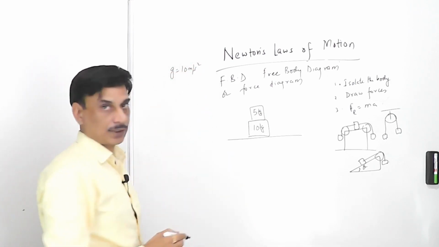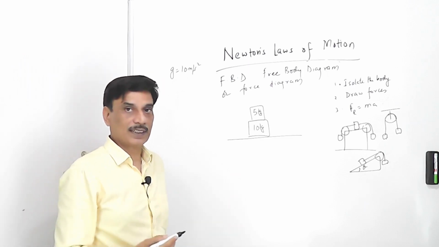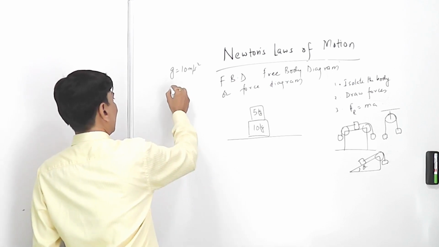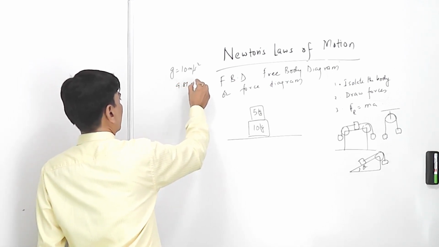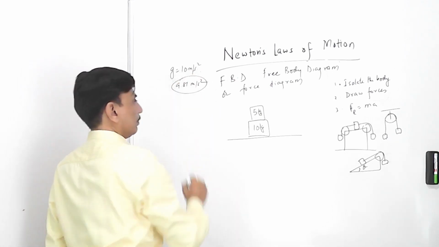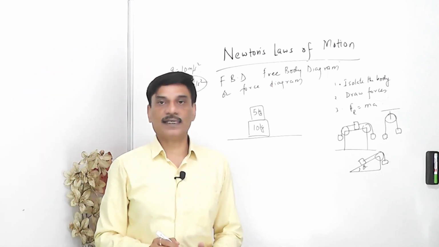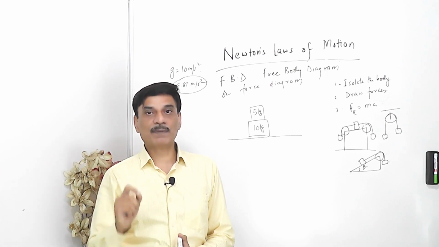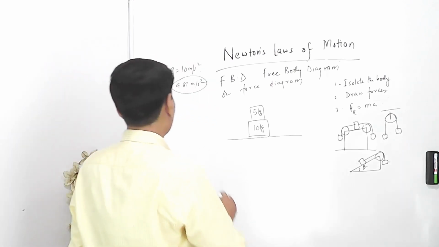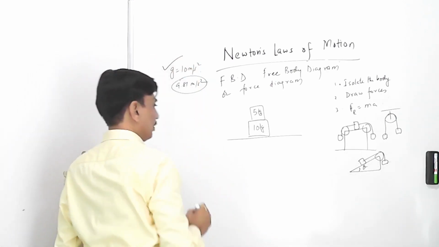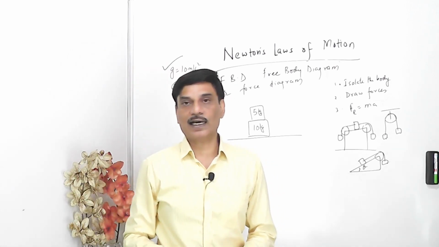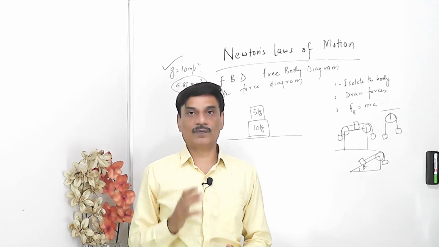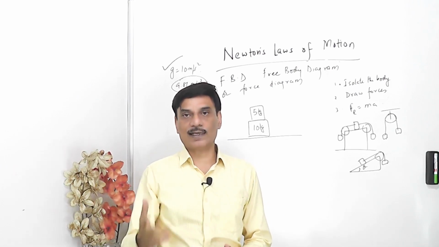In your examination or assignments, wherever you officially have to give the answers, take g as 9.81 meter per second square only, not 10. You can take g as 10 meter per second square only if it is specified. For ease of calculation, we shall be taking g as 10 so that our main emphasis is on the understanding of the concept rather than the calculations.